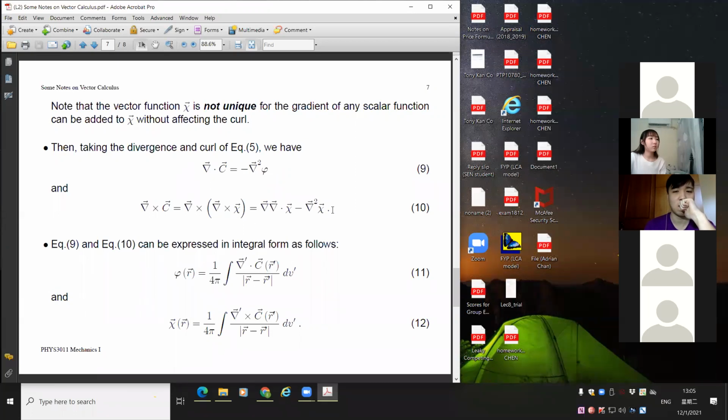Similarly, we can do the same thing for equation 10, and you get equation 12 as the solution.